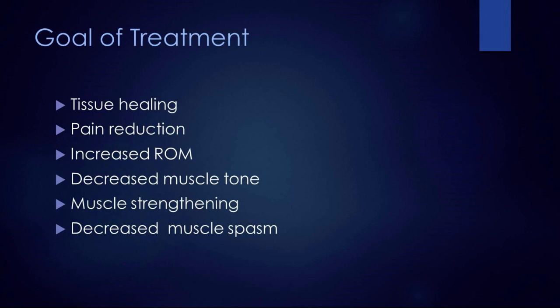So with the goals of treatment, just like I was saying, tissue healing, pain reduction, increased range of motion, decreased muscle tone, muscle strengthening, decreased muscle spasm. A lot of times when we address those things, at the same time we're also addressing functional mobility. And when we get these things under control, it has a positive effect on functional mobility. So those are the kind of treatment goals that we see in physical therapy.